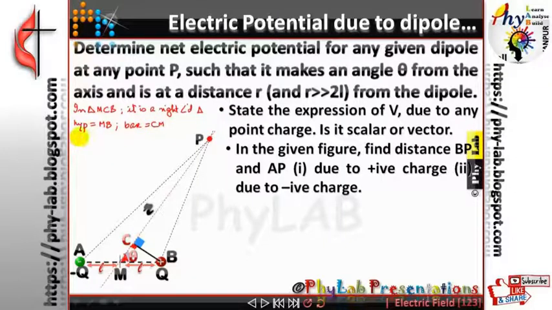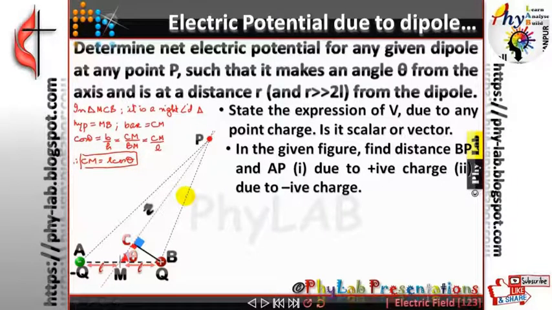And using the trigonometrical ratio, I can say cos theta is equals to base upon hypotenuse, which is CM upon BM, and that comes out to be CM upon L. Therefore, distance CM is equals to L cos theta, friend. I hope the mathematics is clear over here.